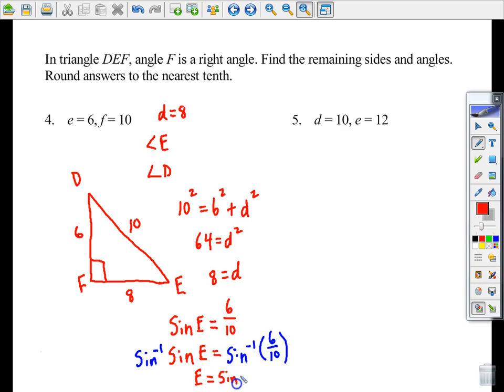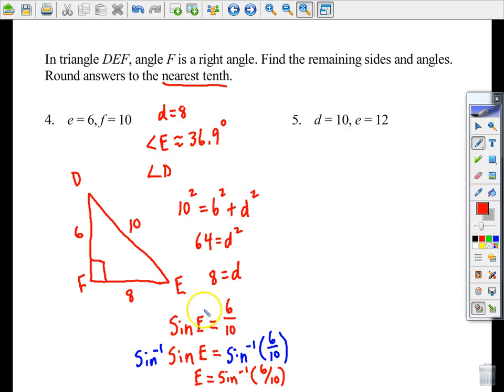I literally am going to do the inverse sine, so do sine or second sine on your calculator for the inverse, and then just do 6 divided by 10. Let's do that now and see if we get the same thing. I'll do second sine, and in the parentheses 6 divided by 10. That decimal is 36.869896765, but we're supposed to round to the nearest tenth. So we're going to call that 36.9 degrees.